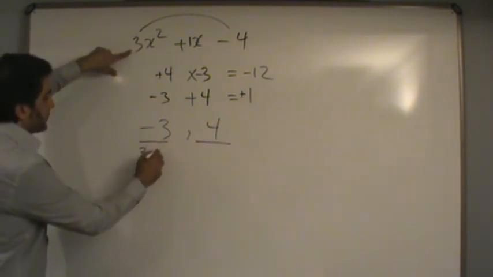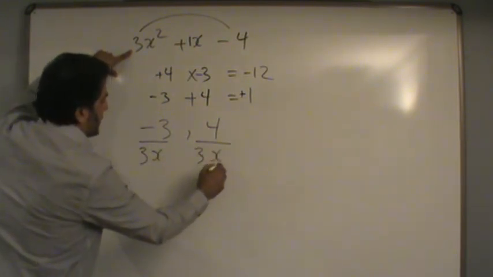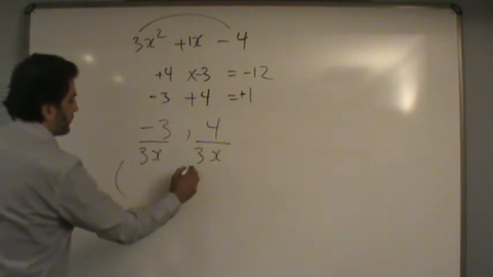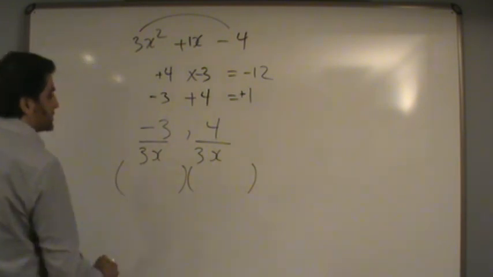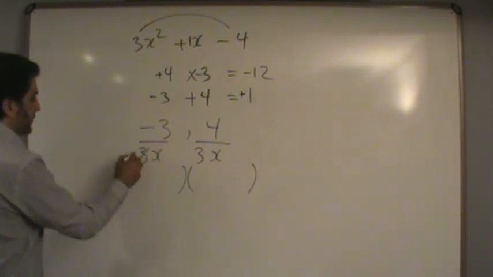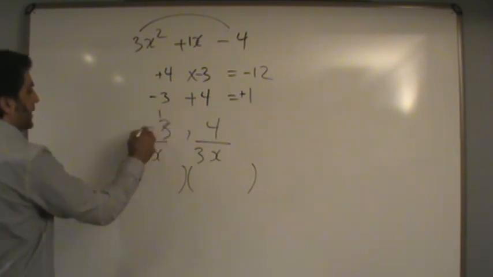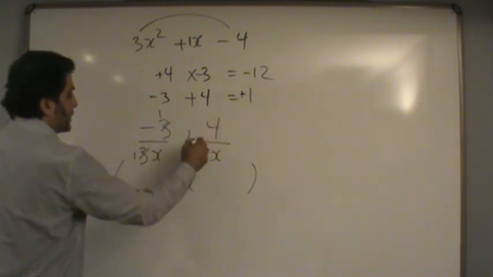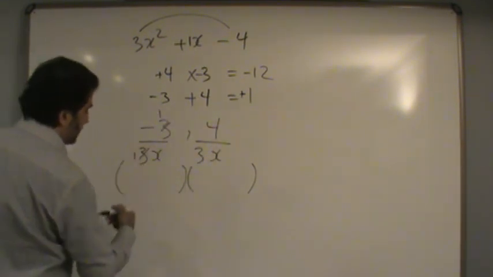So below the 3, you throw an x with it also, and 3x. Then we open a pair of brackets right underneath them. Before we throw them in the bracket, we reduce. So 3 goes into 3 once and once, and this here we cannot reduce. Then we can throw them in the bracket.